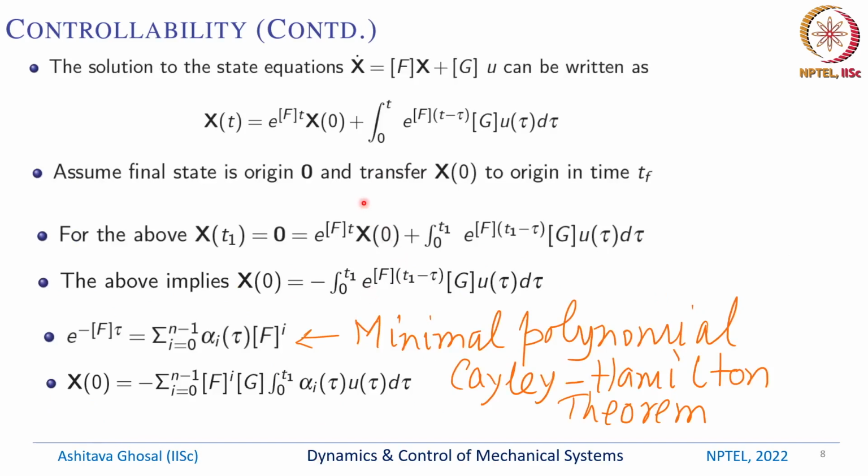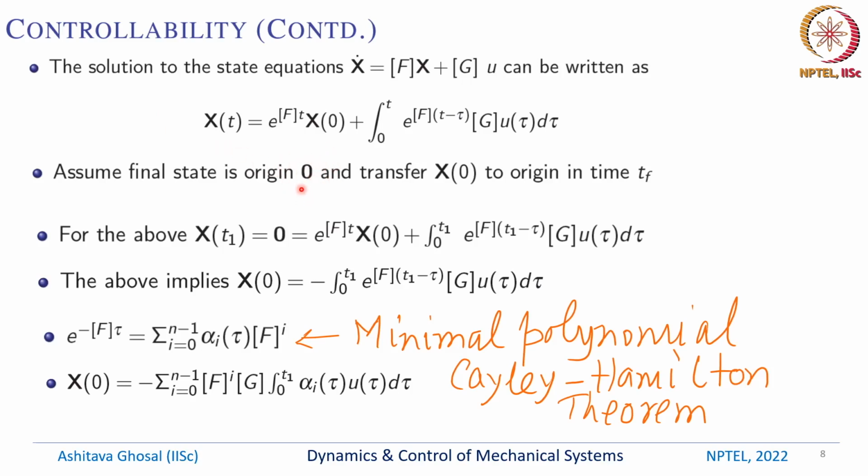So now let's get back to the original state equation, which is x dot equals Fx plus Gu. The solution to the state equation can be written as x of t equals e to the power Ft into x of 0 plus integral 0 to t of e to the power F(t minus tau) G u of tau d tau. Let us now for the moment assume that the final state is the origin of the state space.